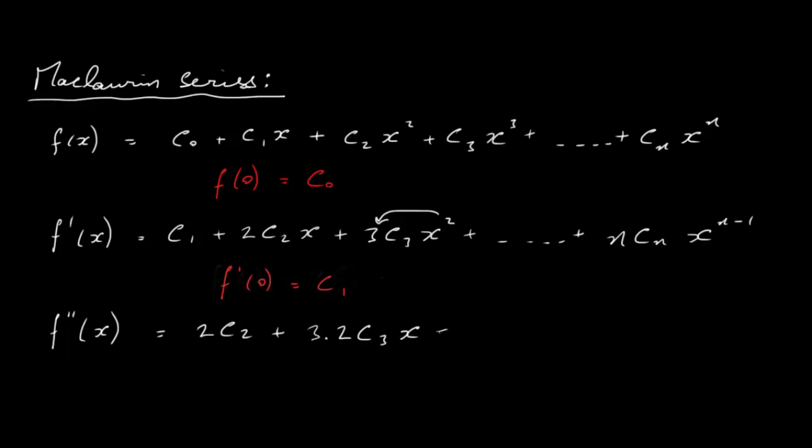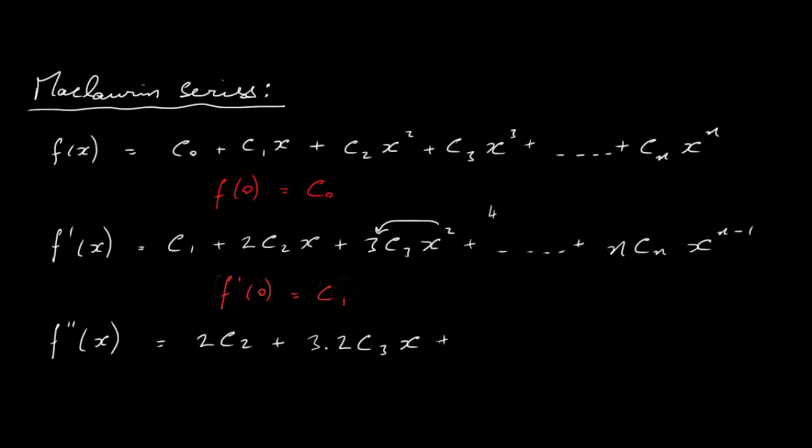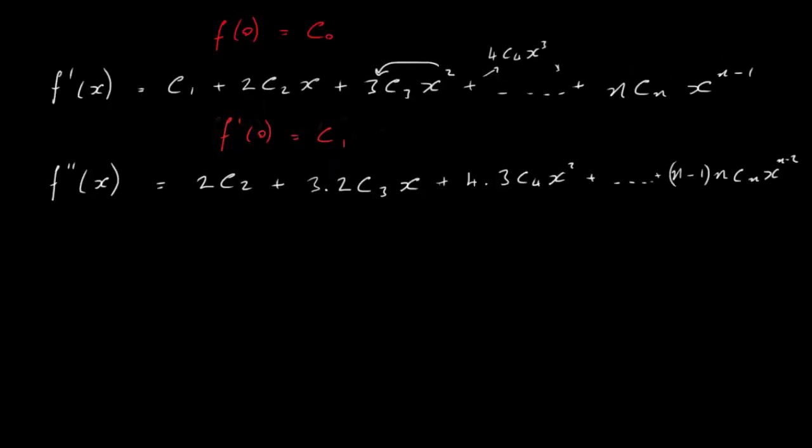The next one would in fact have been 4 times 3 c4 x squared, which I didn't put in, and so on, all the way out to n minus 1 times n cn x to the power of n minus 2.